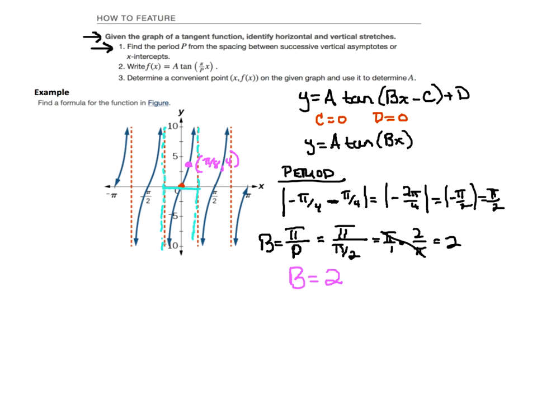And then I need to use any other point to be able to determine what my A value is. So I know that I'm trying to get to this form here. So far, I know that y is equal to some A value times the tangent of 2x.